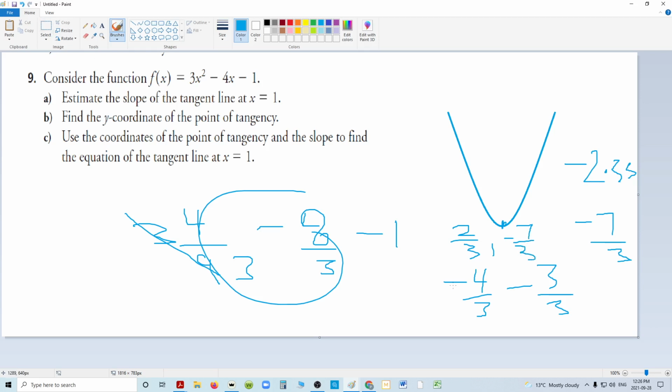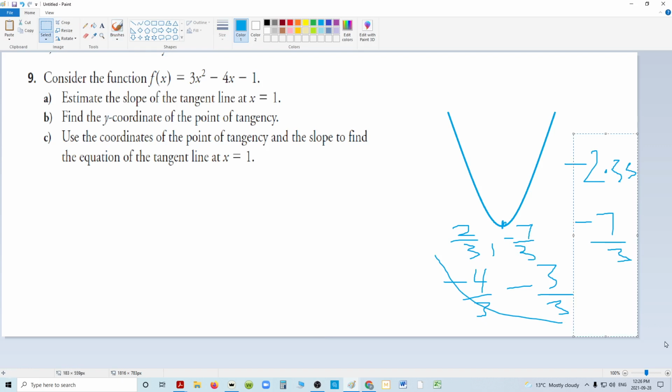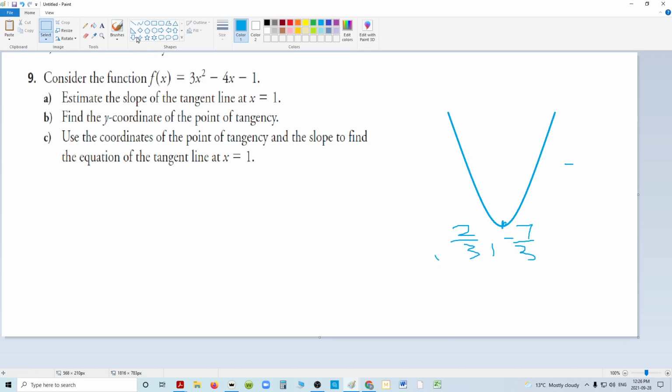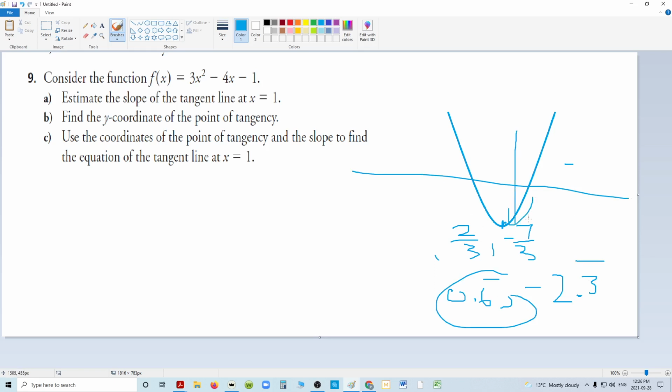And in decimals, and that's just by completing the square. In decimals, that's 0.666 repeating over negative 2.333 repeating. So that means it does go through the x-axis because this is clearly below the x-axis. Figuring out where it goes through the x-axis requires a quadratic formula.